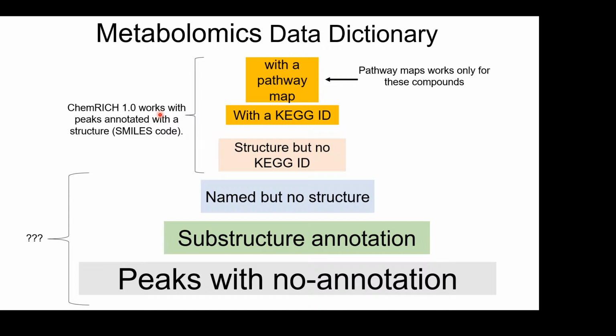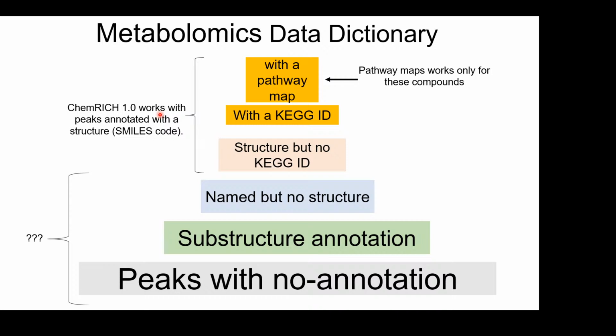Then we have named but no structure. This is a class-level annotation we get, for example, in lipidomics assays, where we get triacylglycerol with double bond count and carbon chain count. So there is a class and some idea about carbon chains and double bonds, but we don't know the exact structure of the acyl chains and the location of the acyl chains.